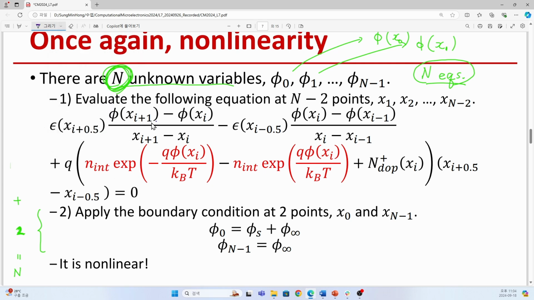For example, this guy is an unknown variable, this guy is an unknown variable, yes, yes, and also yes and yes. We have these unknown variables, and when we collect them all, we can identify they are shown as phi sub i plus 1 and phi i and phi i minus 1.